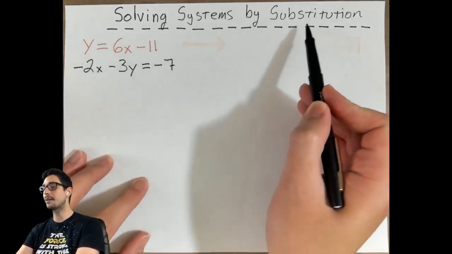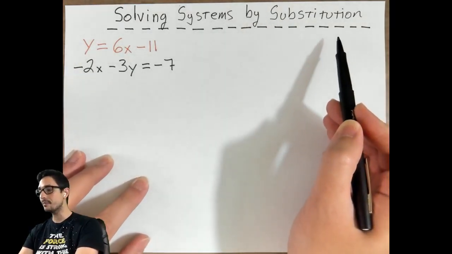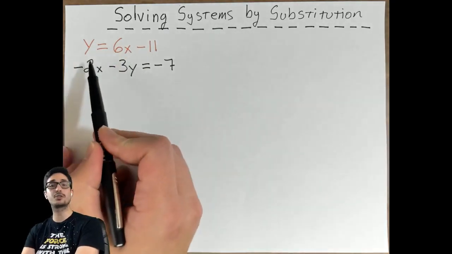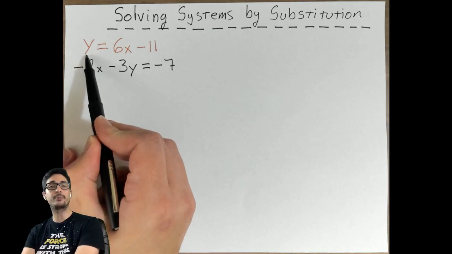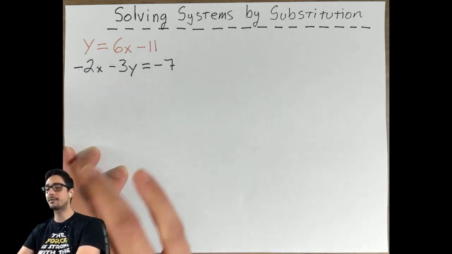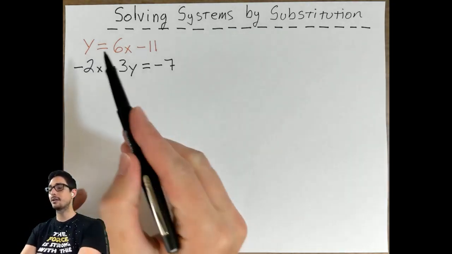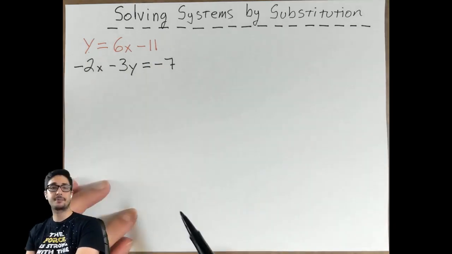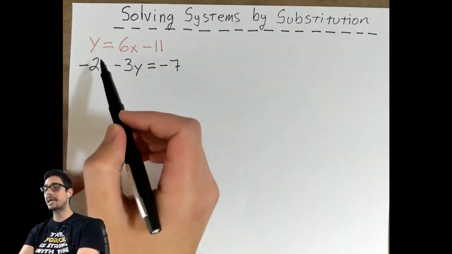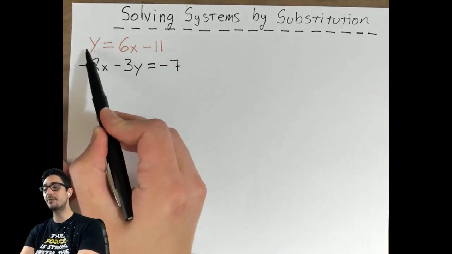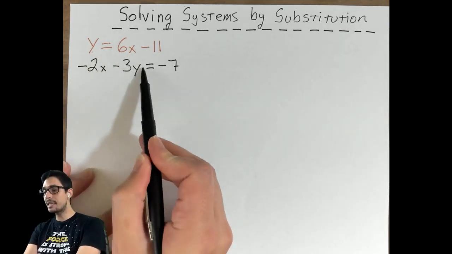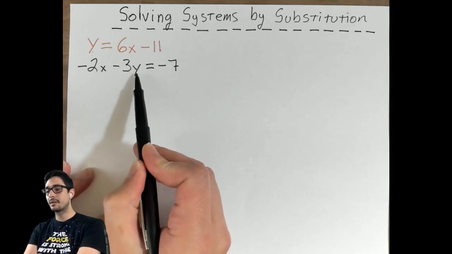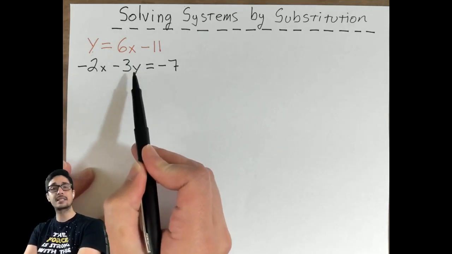But what's nice about substitution is if we run into a situation like this, where we already have one variable all by itself, isolated, y equals this, we can substitute this value for y into the y in the second equation.